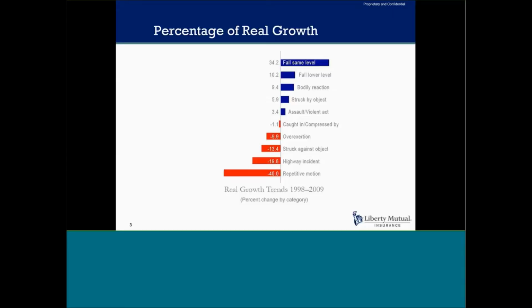This could be a sidewalk, not falling down steps, of course, but it's at the same level. You have fall on a lower level, and then struck by an object. These are the largest growing areas of slip, trips, and falls. At the same time, we've also generally diminished some, such as struck against an object, highway incidents, and repetitive motion.